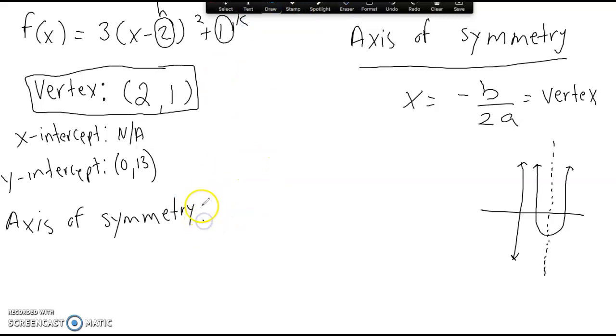I know that the axis of symmetry is just the x value of my vertex. So I know that the axis of symmetry for this equation is x equals 2. Since I already solved for my vertex, and the axis of symmetry is the x value of my vertex, I can claim that the axis of symmetry for this function is x equals 2.